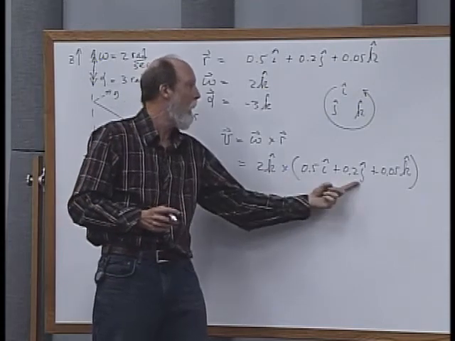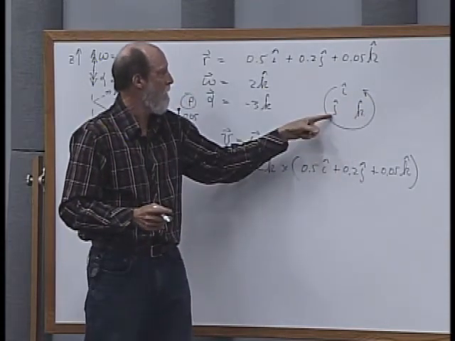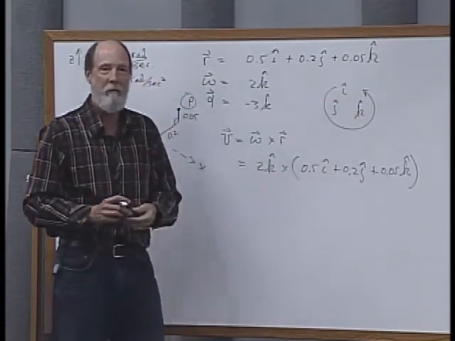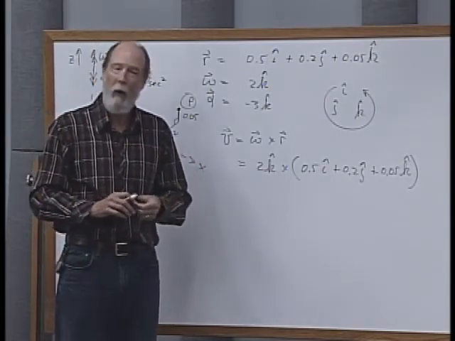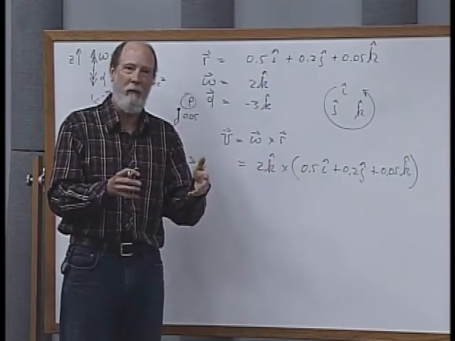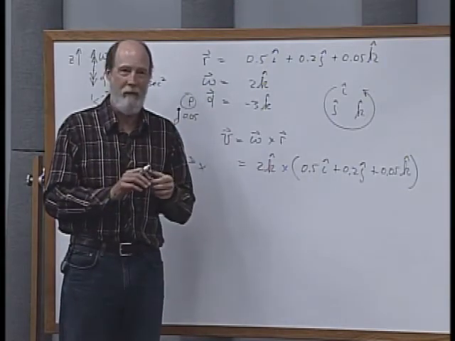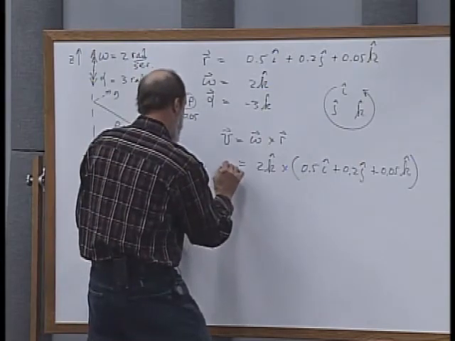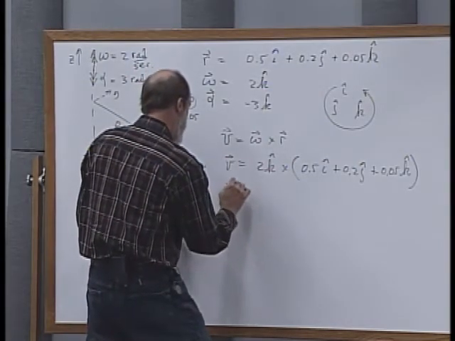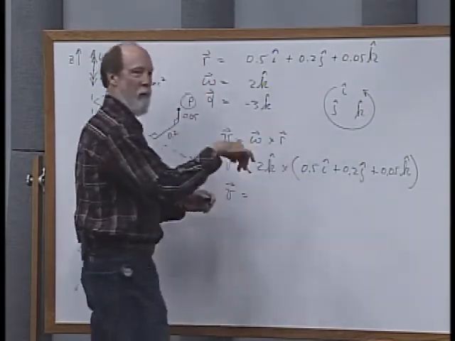K cross J is going to be negative I. That's handy. It's going to save you time. For the more complex problems, you'd set it up as a matrix and handle the cross product that way.